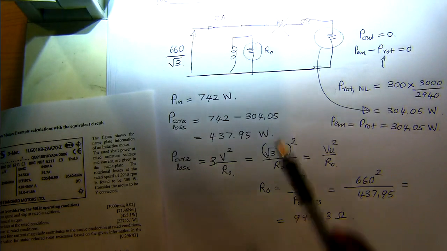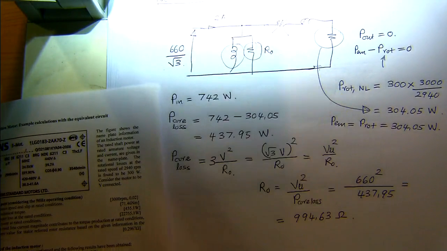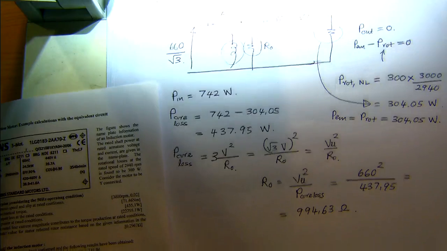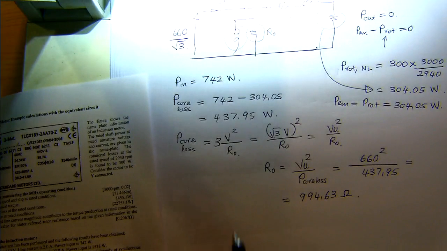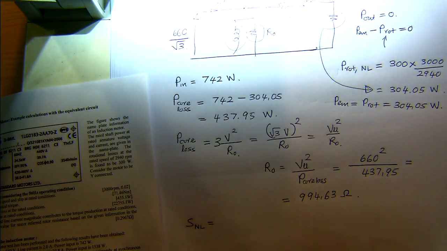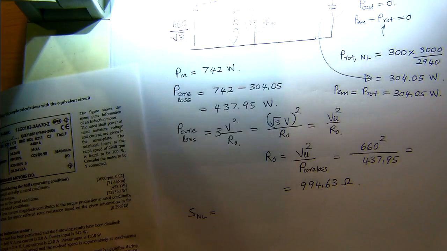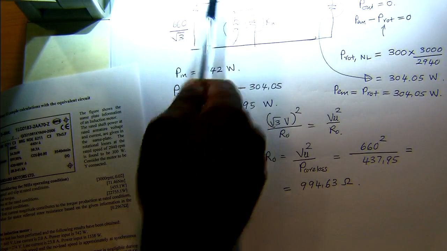So the reactive power is due to this magnetizing reactance. If we were to calculate that, you have the apparent power, let's say no load apparent power, which will be root 3 times line to line voltage times line current, or you can do 3 times this and this.